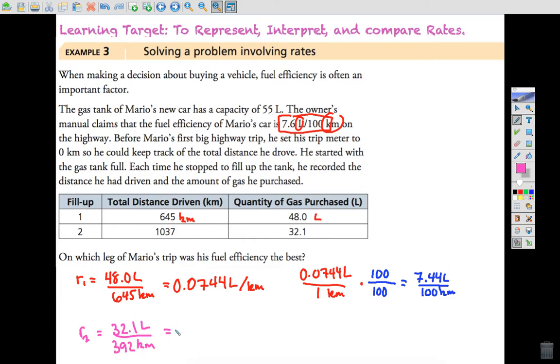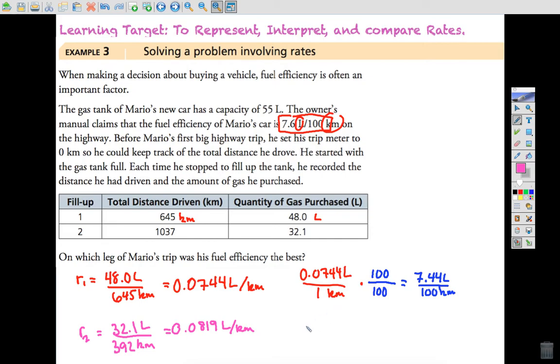So again, converting that to a unit rate, I'm going to take my 32.1 and divide it by 392. I got 0.0819, and that would be liters per kilometer.